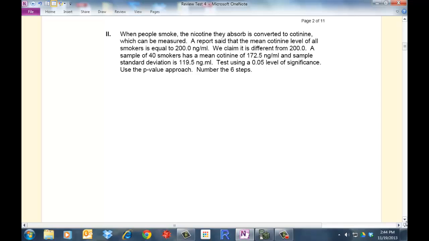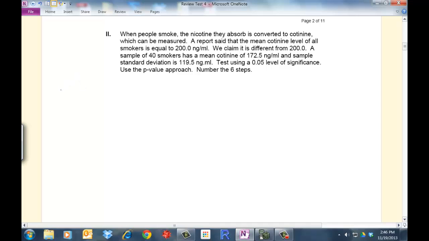A sample of 40 smokers has a mean cotinine of 172.5, and the sample standard deviation is 119.5. Test using a 0.05 level of significance, and we'll use the p-value approach for this particular question.